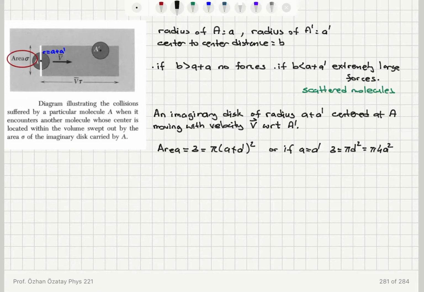And this is called the total scattering cross section.